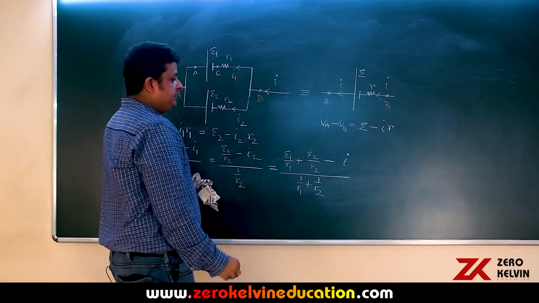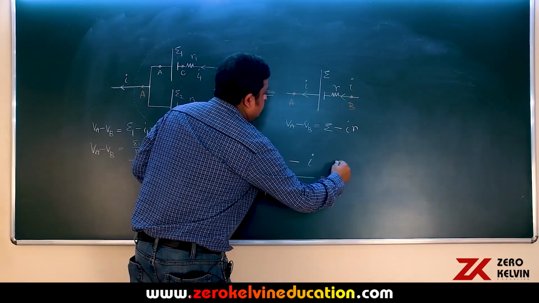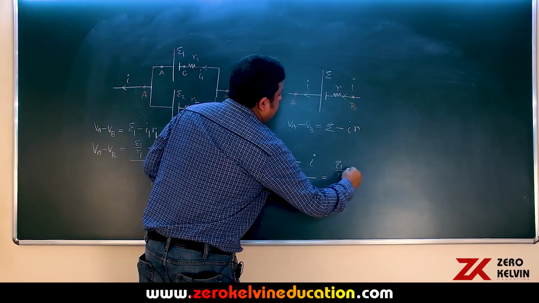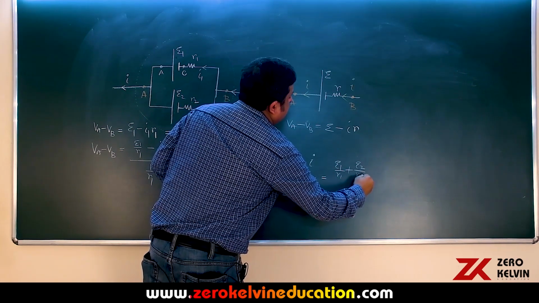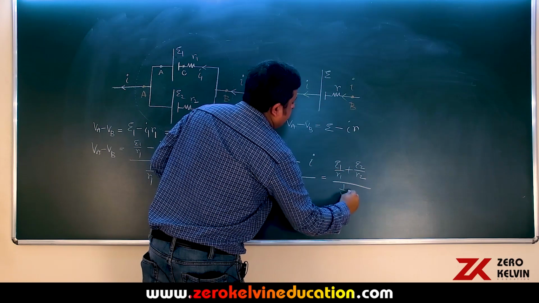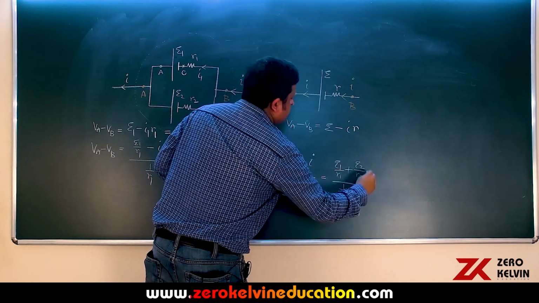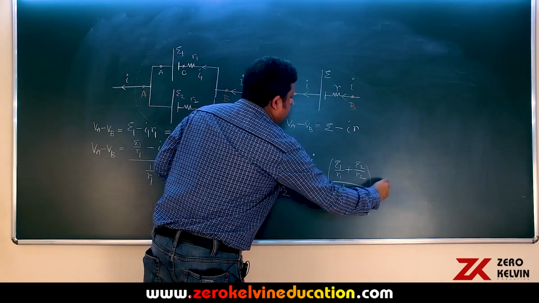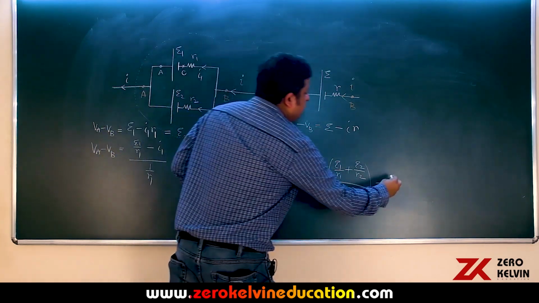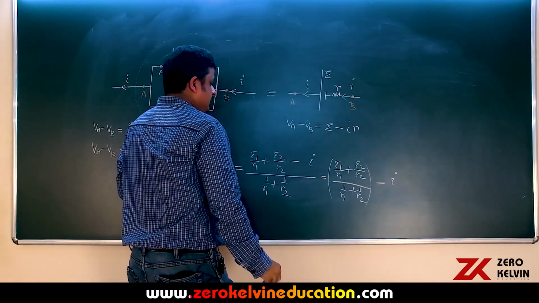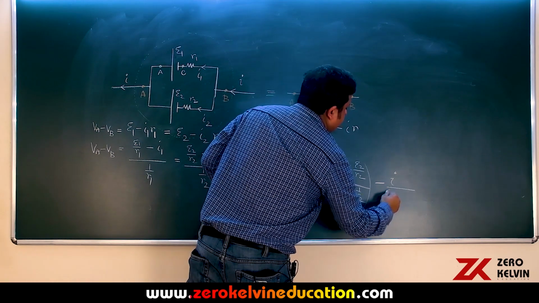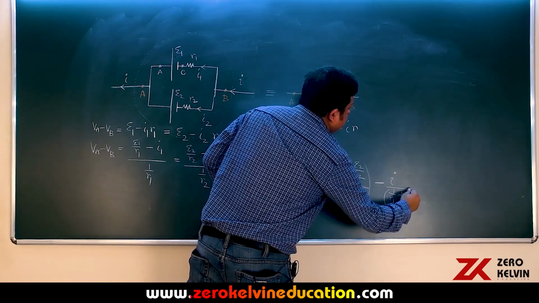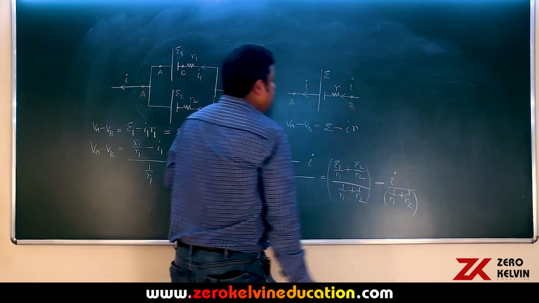So, VA minus VB happens to be E1 by R1 plus E2 by R2 divided by 1 by R1 plus 1 by R2, this whole thing, minus I times 1 by R1 plus 1 by R2 below.